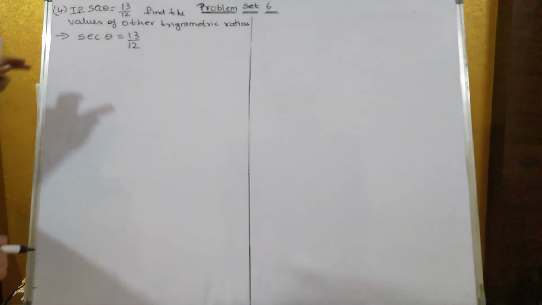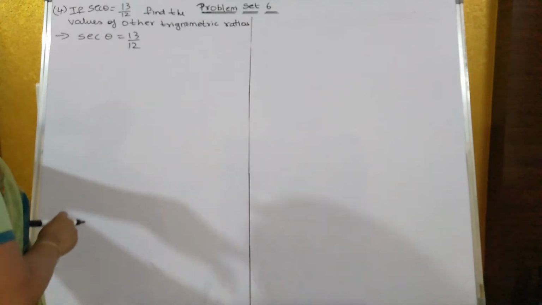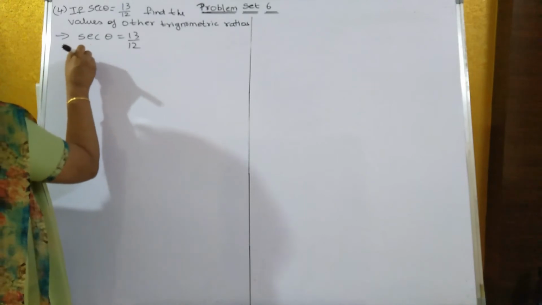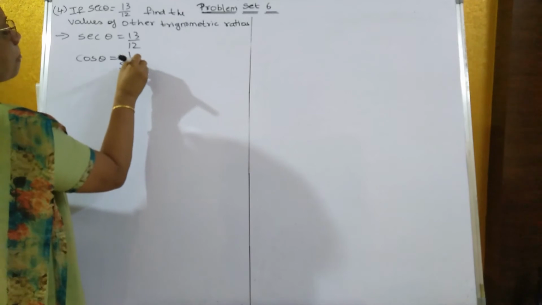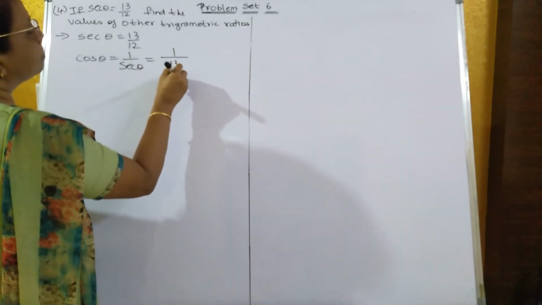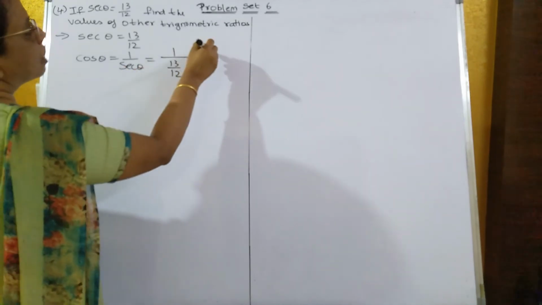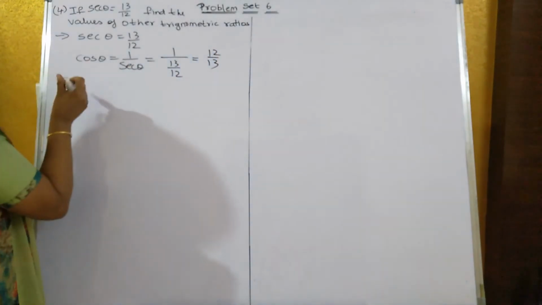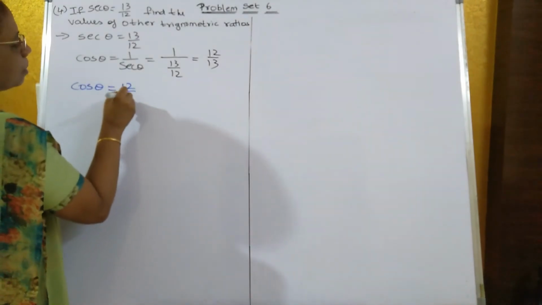Now fourth sum: if sec theta is equal to 13 upon 12, find out the other trigonometric values. Now sec theta is equal to 13 upon 12, so cos theta will be equal to how much? 1 upon sec theta, that's equal to 1 upon 13 upon 12. So when you take it in the numerator, 13 upon 12 will become 12 upon 13. So cos theta is equal to 12 upon 13.